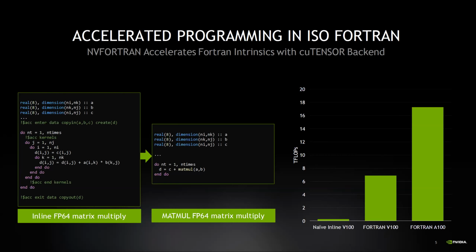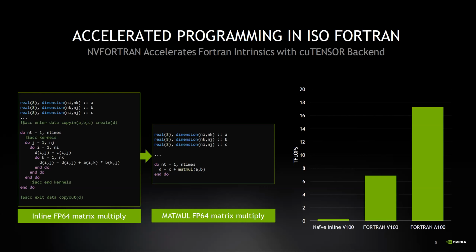For example, if you use a math library call to DGEMM, we'll use the tensor cores if they make sense to use. But also, for example, in Fortran, we have the ability to take advantage of these tensor cores directly. So if you write the matmul intrinsic in a Fortran code that uses the NVIDIA Fortran compiler, it turns out that we can actually use a backend called cuTensor to map this to a set of operations that natively uses tensor cores behind the scenes.